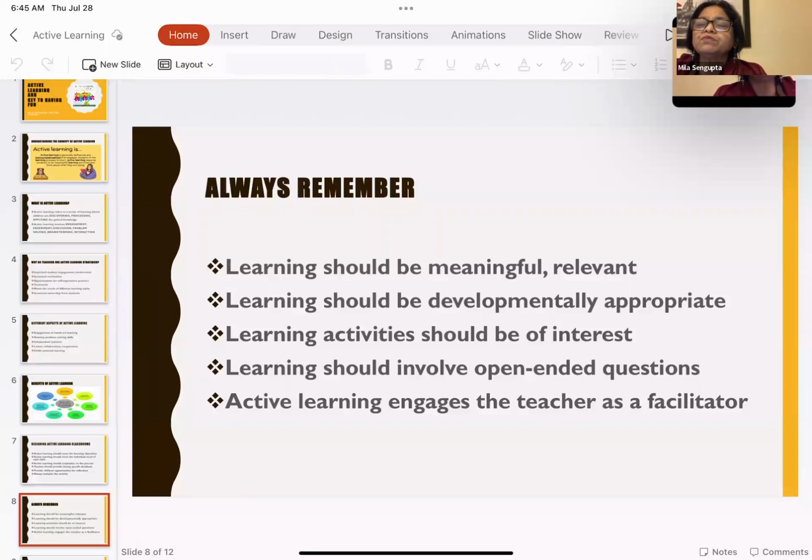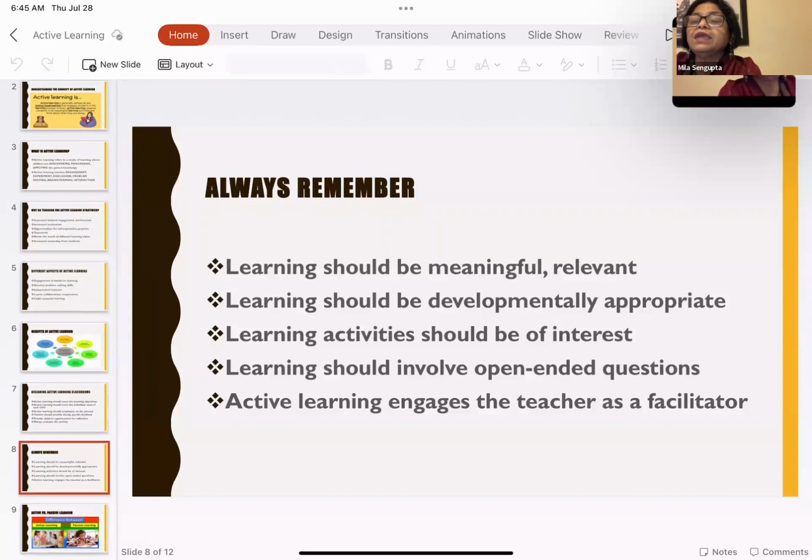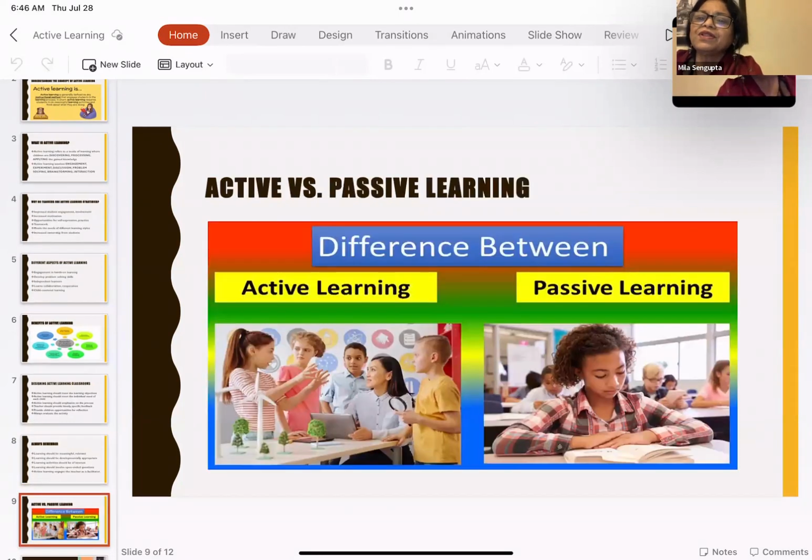They come up with some unique, brilliant ideas that you will be amazed by, and you will wonder how a little 4-year-old or 5-year-old could think at that level, but it does happen in your classroom. And I'm sure you see it every day in your classroom.